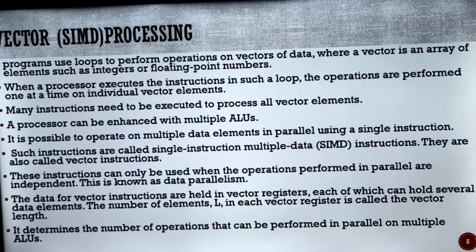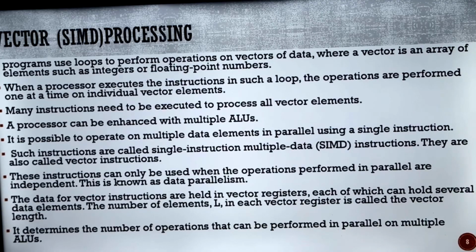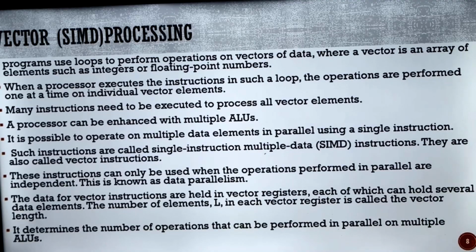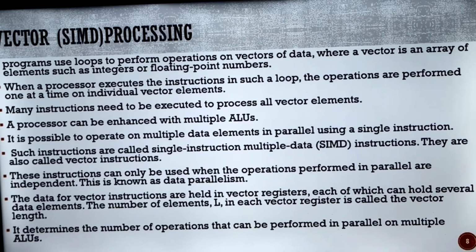Now it's fine to deal with, but imagine that you want to deal with some arrays. You want to add, say, 100 elements from array A and 100 elements from array B, and you want to add all these elements. Now how many times do you have to write the instructions if you want to hold one data per instruction? 100 different instructions you have to follow, right?